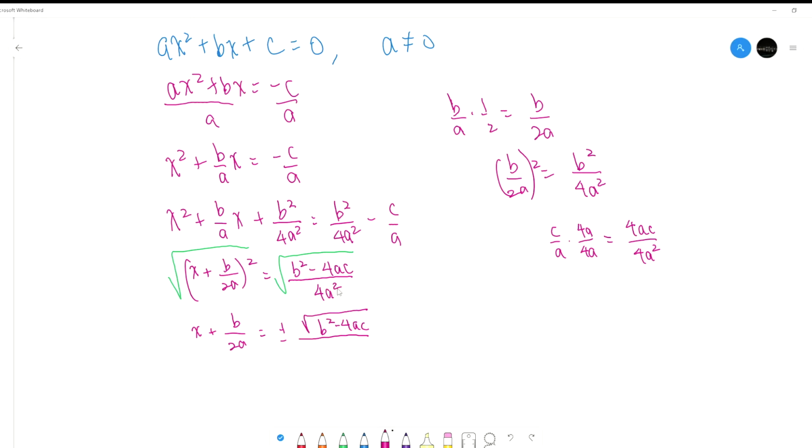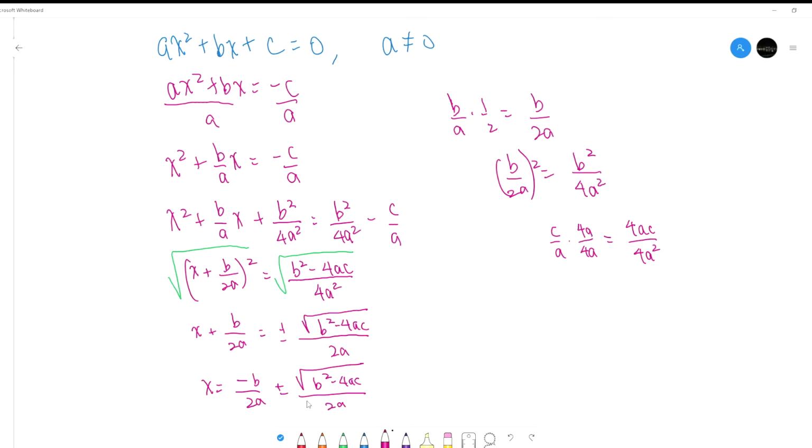The denominator, square root of 4a squared is what? It's just 2a. And then lastly, we subtract b over 2a. So negative b over 2a plus or minus the square root of b squared minus 4ac over 2a.